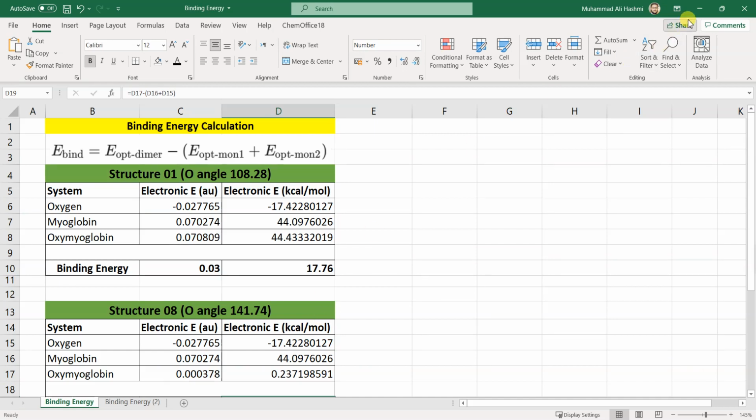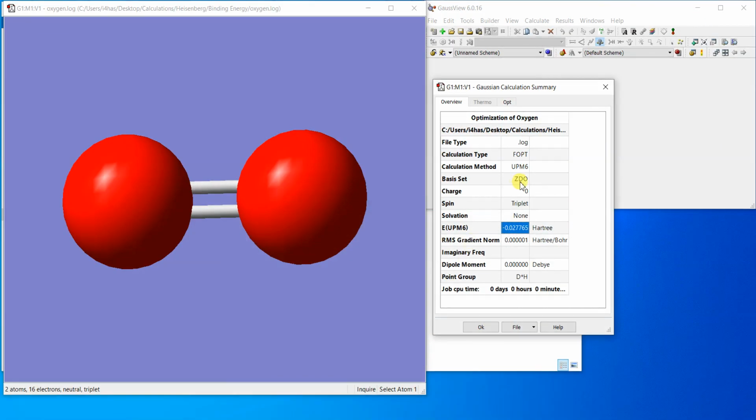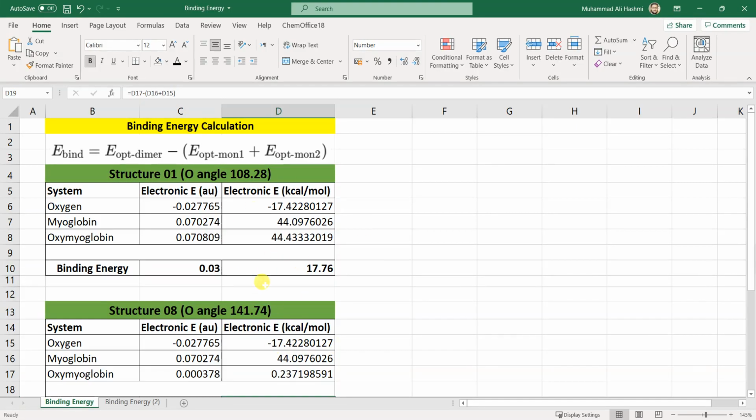So hence you can calculate the binding energy and the interaction energy. The formula would be the same. You can make one Excel sheet and use it for the other, but the concept is different: in binding you also optimize the individual monomers, but in interaction energy you don't optimize the monomers, you just take their single point energies as they appear in the dimer or the complex.